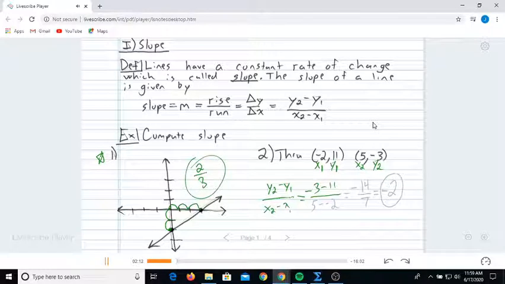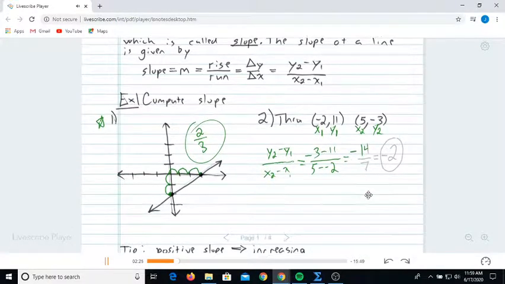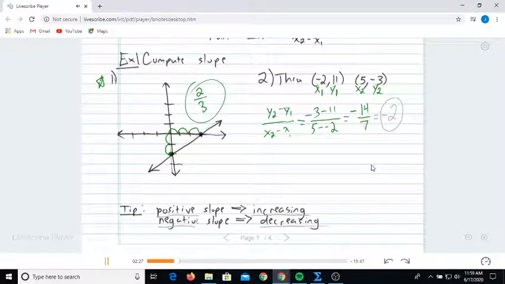And x2 minus x1 is 5 minus negative 2, being wary of the double negative there. And let's go ahead and compute that. So that's going to get us negative 14 divided by 7, which gets us a slope of negative 2.